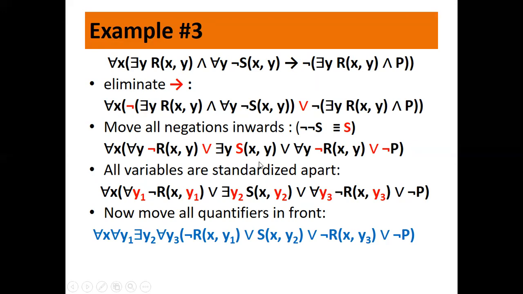Is it fine? Now here again, when you're moving the negation inward, there exists y gets converted to for all y. Negation is moved inside at R, and AND is converted to OR, and it is negation of P. I hope it is clear. Moving negation inward, the existential quantifier gets converted to the universal quantifier, and the AND operator gets converted to OR operator.